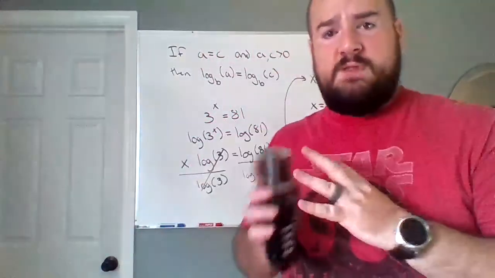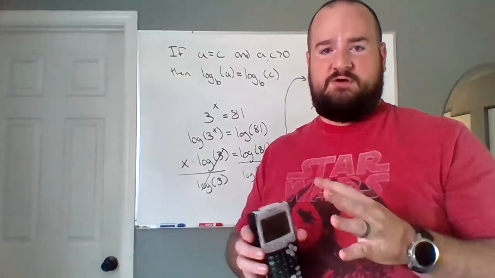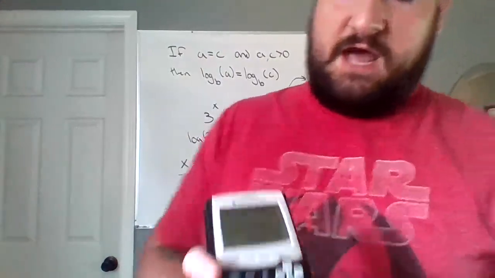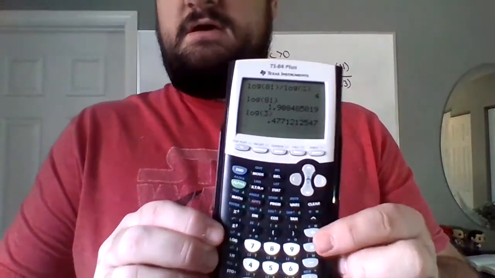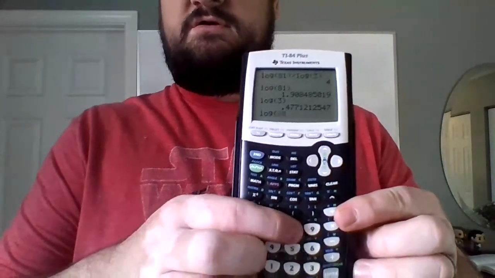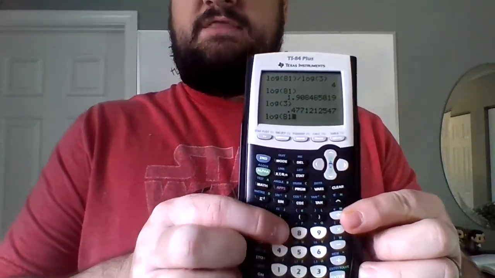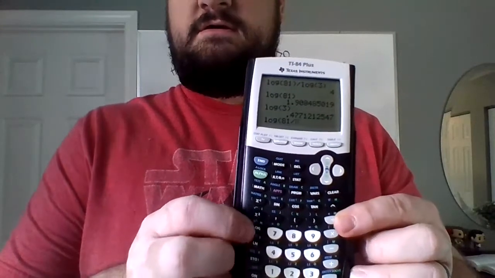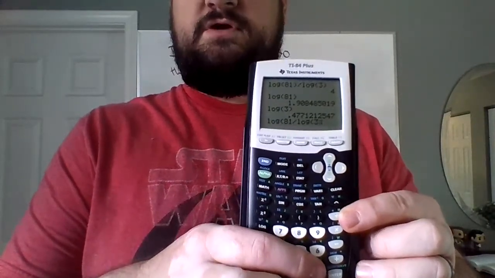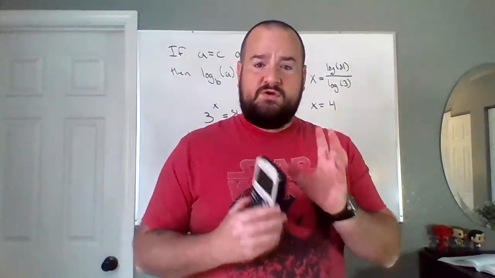Now, I want to show you one of the most common mistakes I see with logarithms on calculators, and that is not closing that first parenthesis. In particular, log of 81, and then divide log of 3. And even if you close that last one, we get something really weird. What your calculator sees when it does that is this.